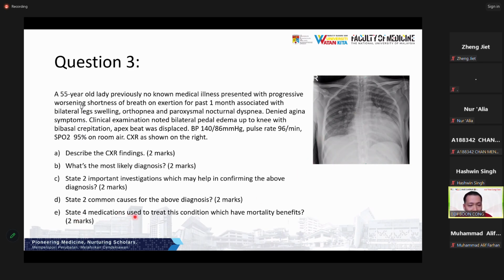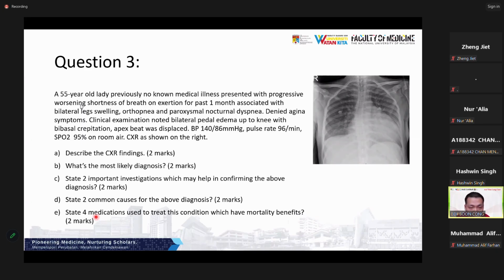So what are the medications to treat this condition? The four pillars. Yeah, which one? How are you going to write it in your exam answer? You write the four pillars. The first pillar is your beta blocker. Next you can write ACE inhibitor or ARB or ARNI.